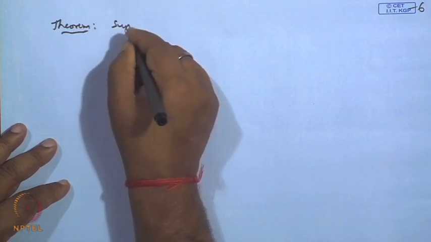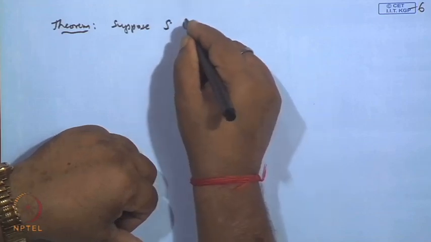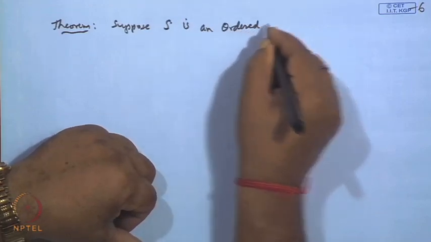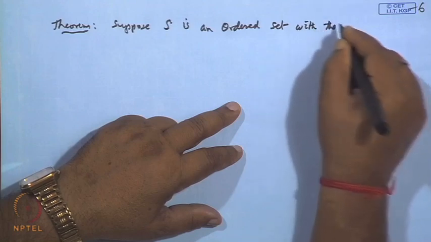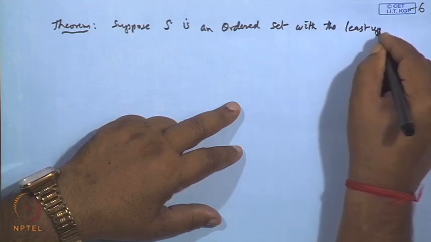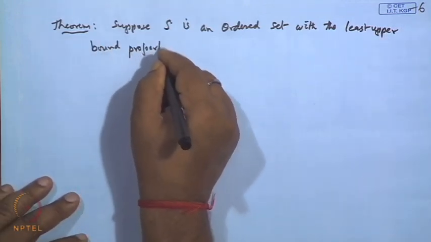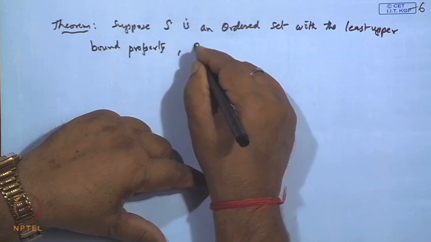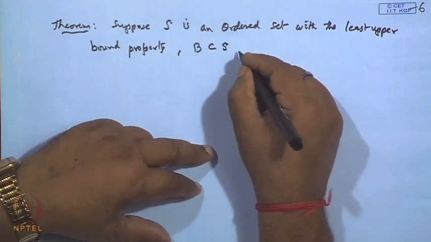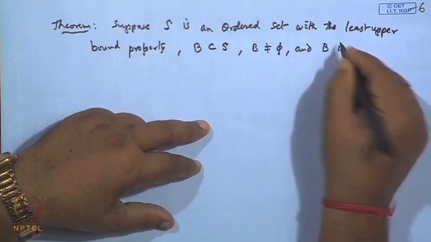The theorem says that suppose S is an ordered set with the least upper bound property, and suppose B is a non-empty subset of S, and B is bounded below.